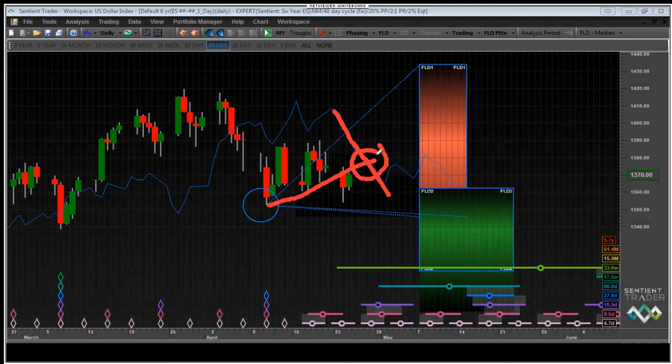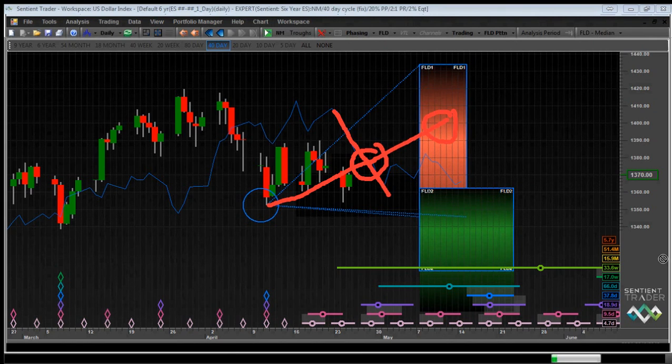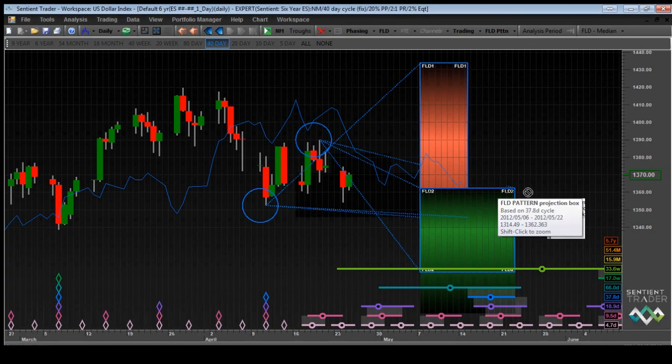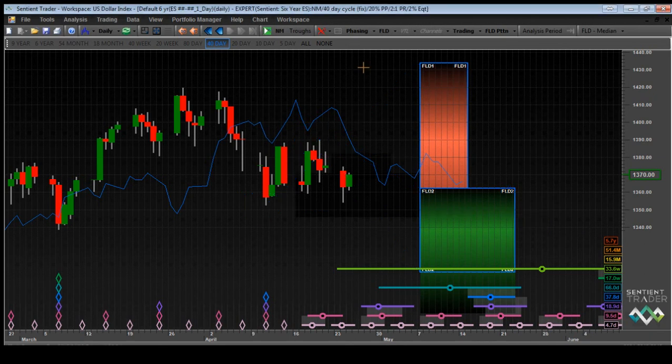CentiTrader is having a look at this FLD line coming over here, and it's saying, well, if price crosses that FLD line, then we will have an FLD projection, which will be to over there. So the FLD projection is one of the things that CentiTrader takes into consideration when it's building its FLD pattern projection boxes. Now, there are 2 or 3 other things that CentiTrader takes into consideration.